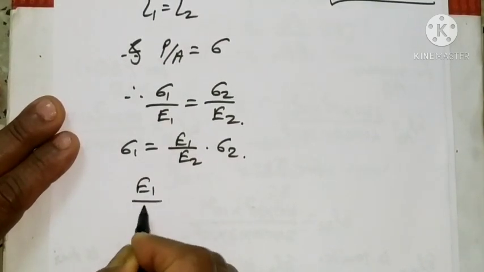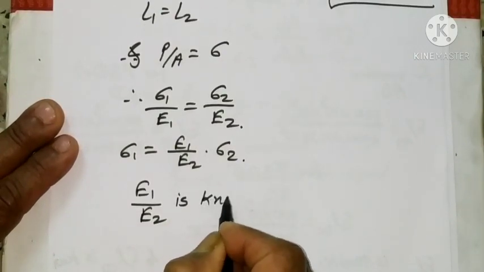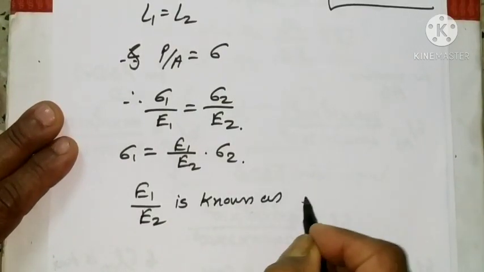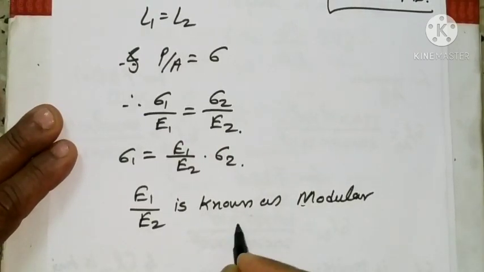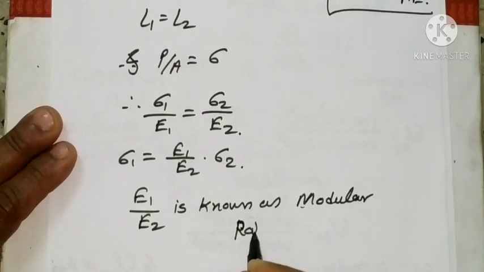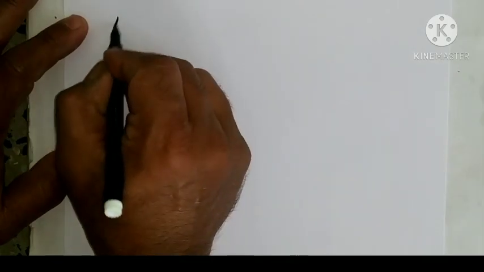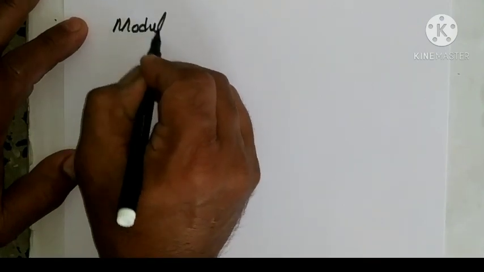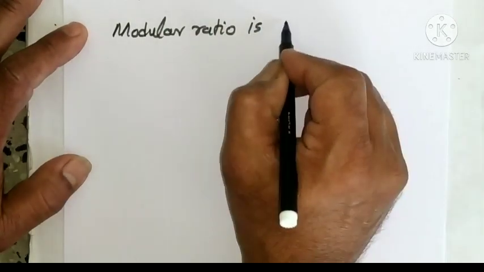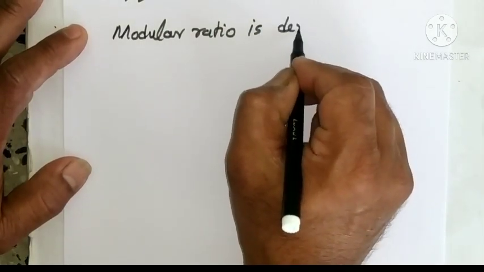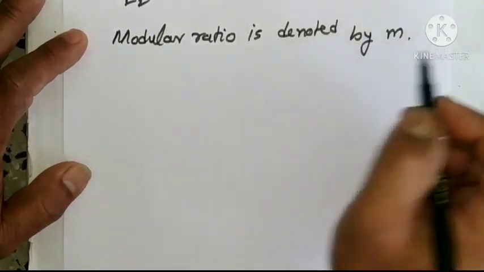E1 upon E2 is known as modular ratio. Its definition: modular ratio is denoted by small m.